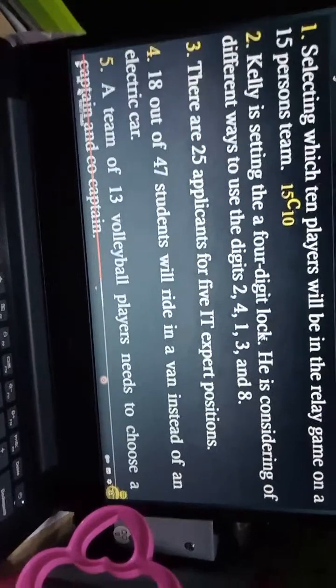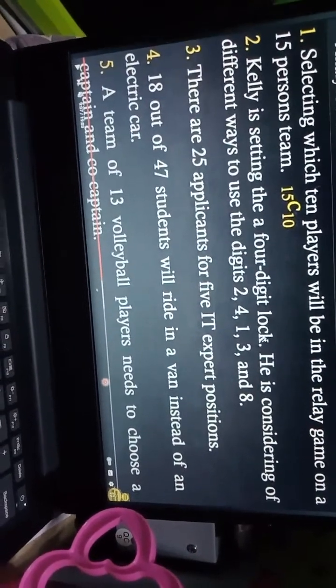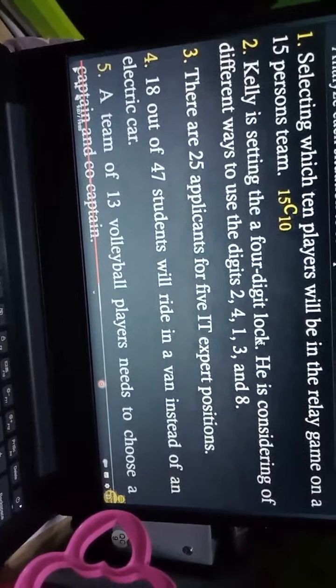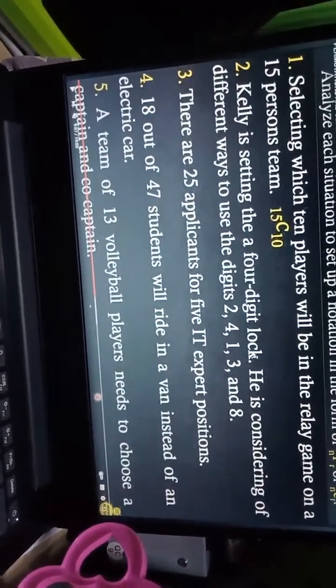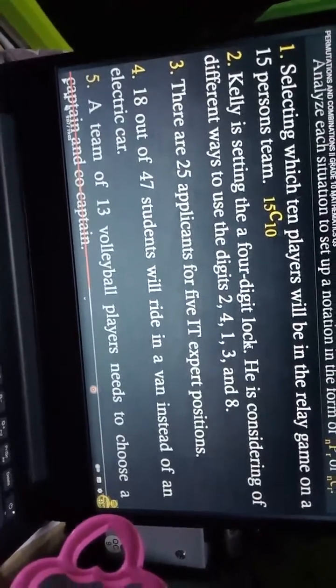That's why you need to be good in terms of multiplication, especially if you don't have a scientific calculator.